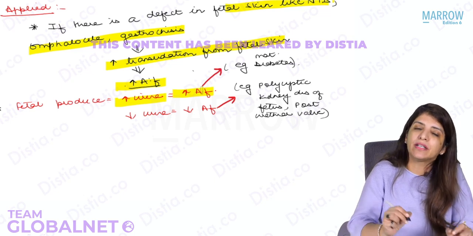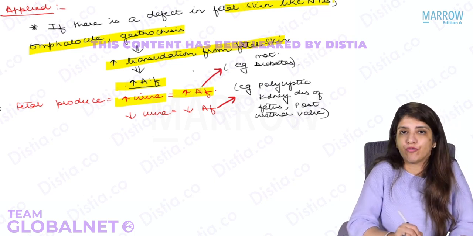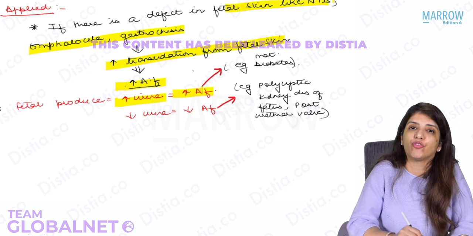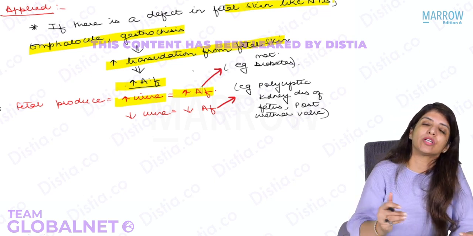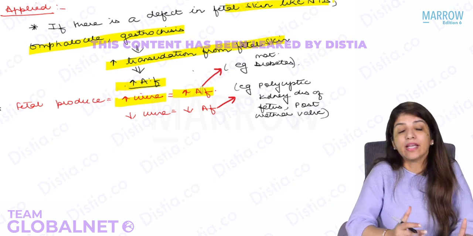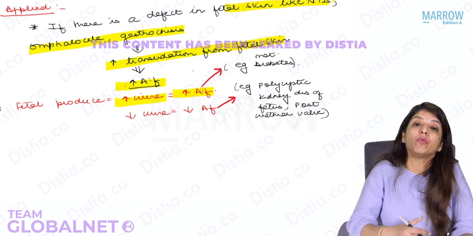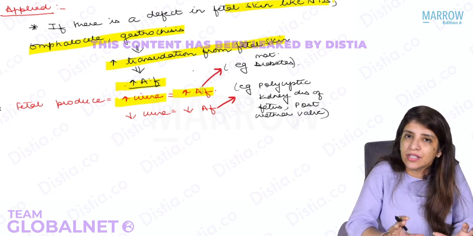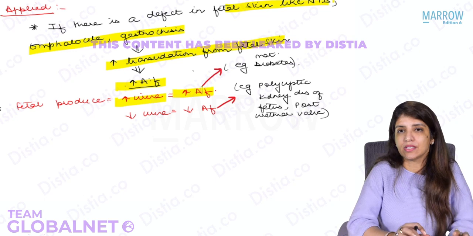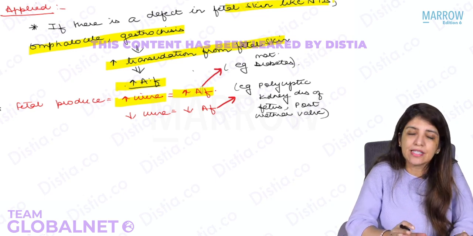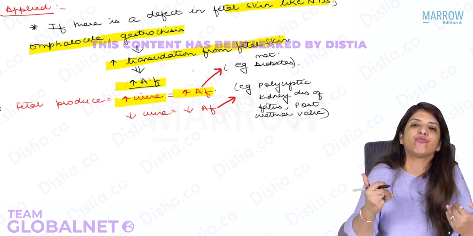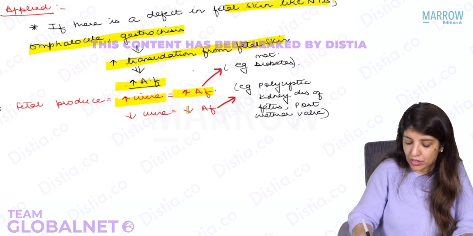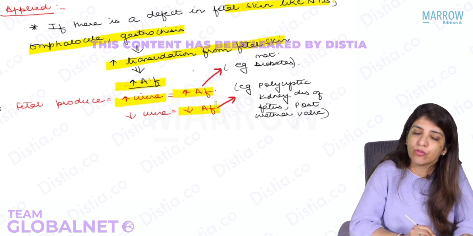Similarly, if there is a decrease in production of urine, for example, a kidney disease leading to decreased production of fetal urine, like renal agenesis or any polycystic kidney disease, so if there is a disease involving the fetal kidneys, then the production of urine would be less and it will lead to decrease in amniotic fluid.